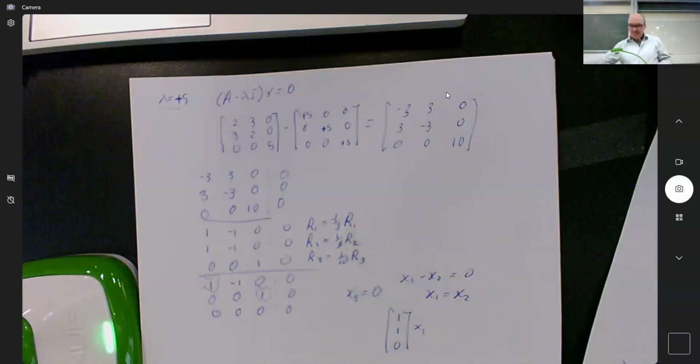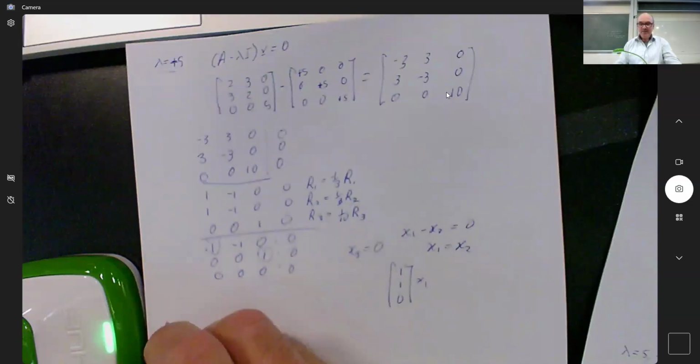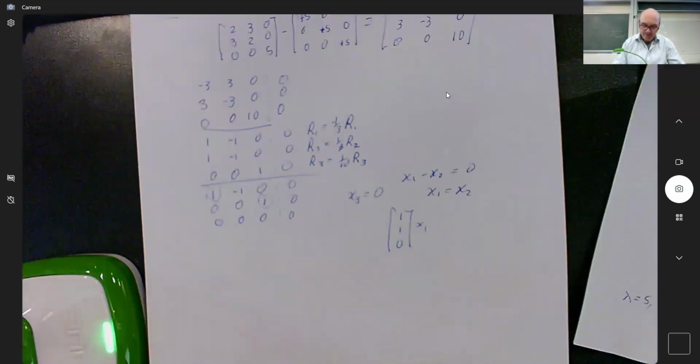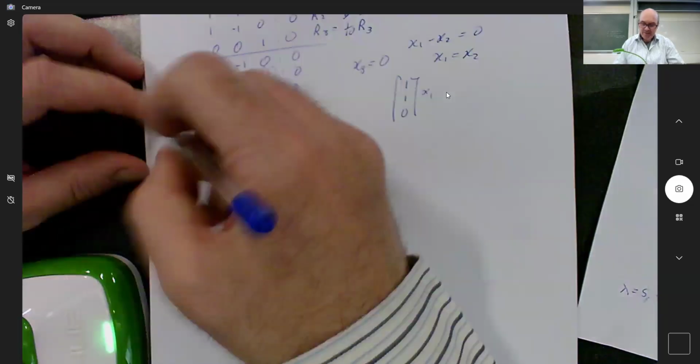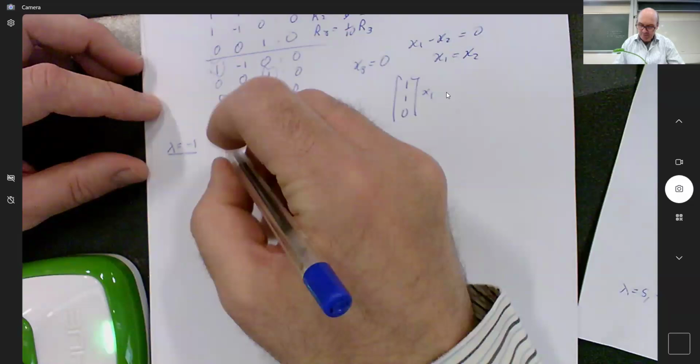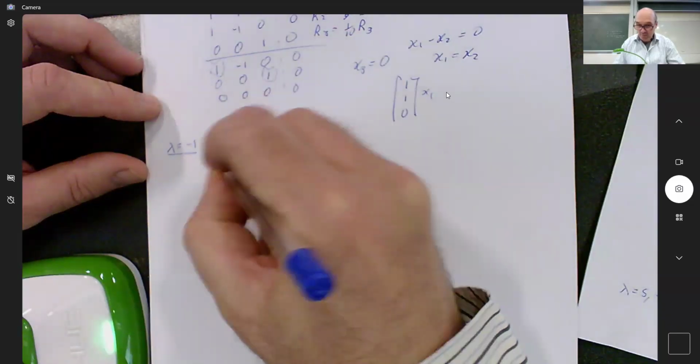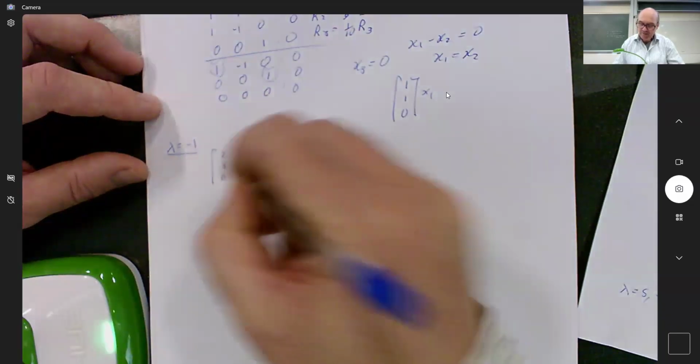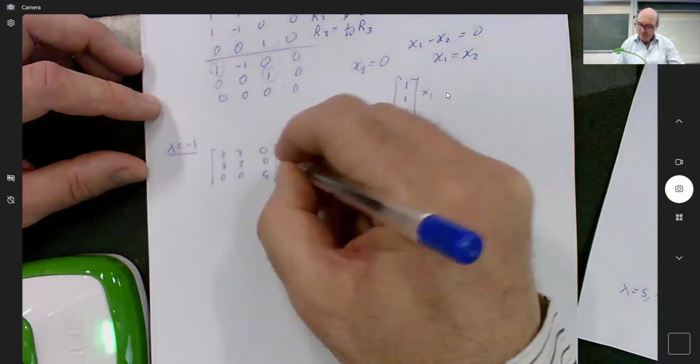Okay. Same plan should work. So if I go do the other one, lambda is equal to -1, and it should be working this way. 2, 3, 0, 3, 2, 0, 0, 0, 5, minus -1, -1, -1.